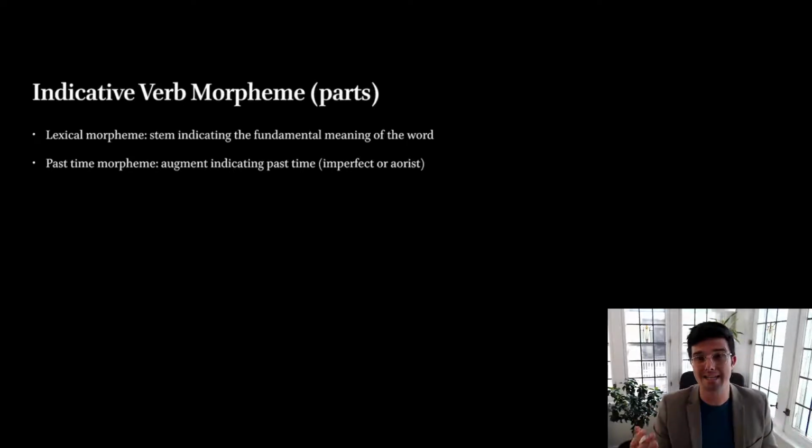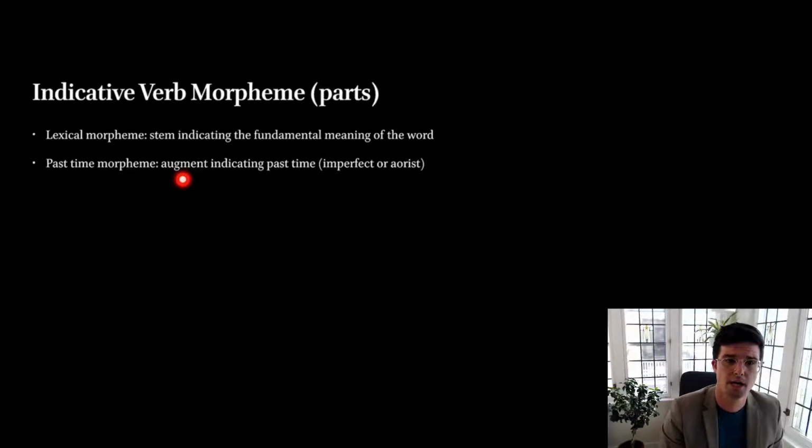Then we have the past tense morpheme. This is in the form of an augment. That augment comes in different forms. Remember, the augment usually is simply an epsilon at the beginning of a verb, or, if the verb begins with a vowel, a lengthening of the vowel or the diphthong, or in the case of some vowels, it cannot lengthen. It's already in its lengthened form, so you won't see much of a change as to your augment.